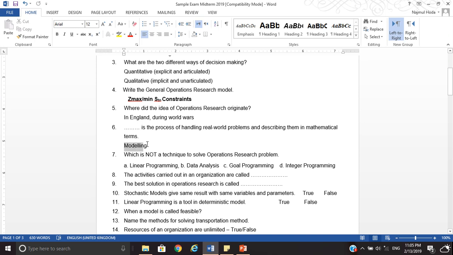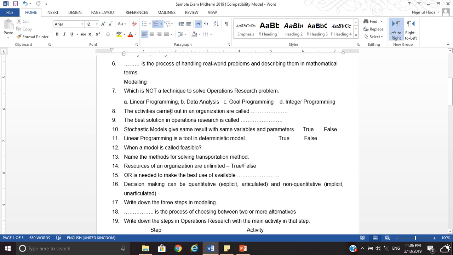Relate this with the video that we saw, how the scientists and engineers replicated the problem of the British Army, and then helped the British Army to solve the problem. That is called modeling, which is not a technique to solve operations research problems.